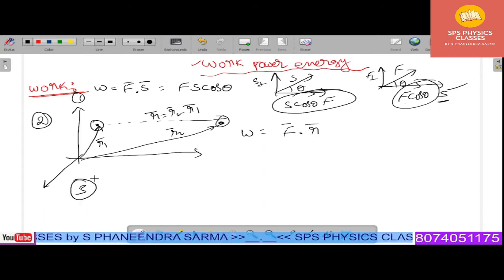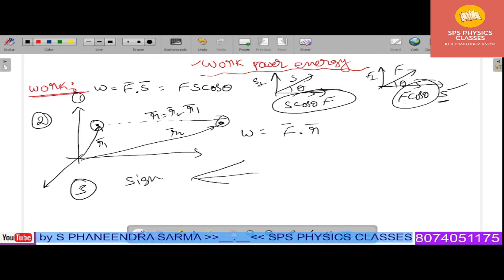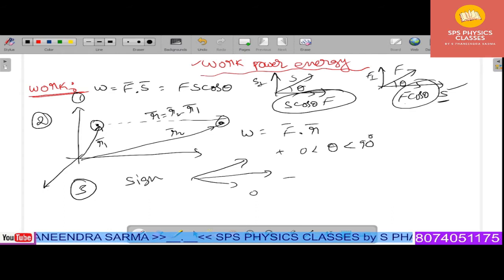Third one. Now, when you consider the sign of work, it will be of three types: positive, negative, and zero. Three possibilities are there. When do you get positive work? If the value of theta is within the range of 0 to 90 degrees, we have positive work. And when do you have negative work?